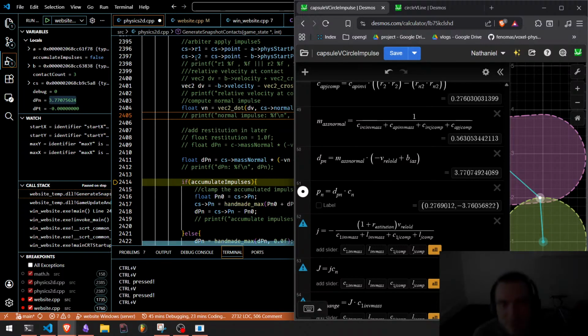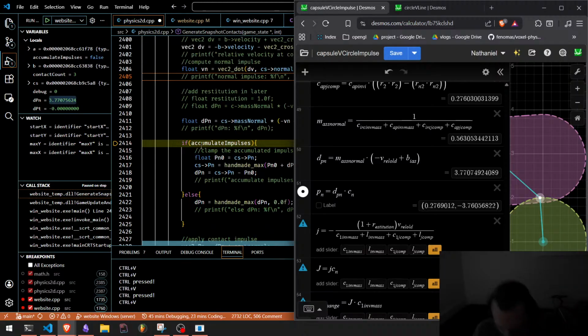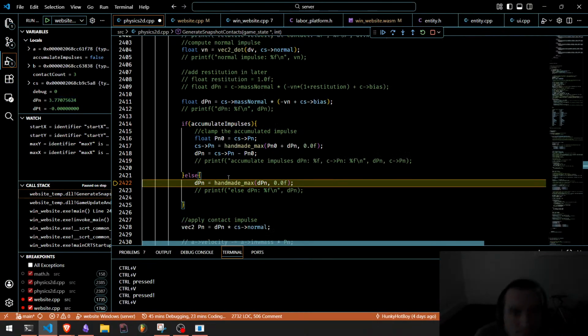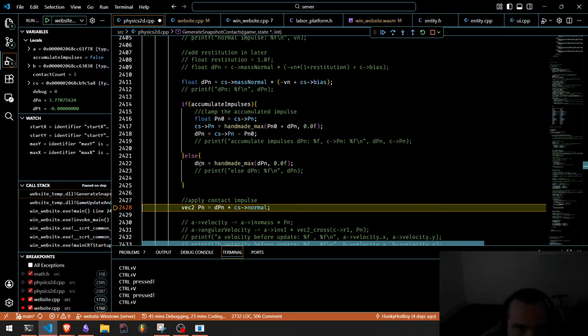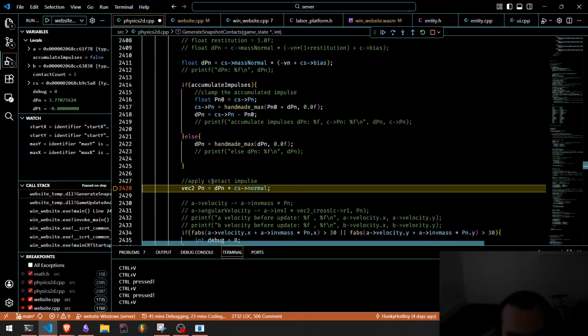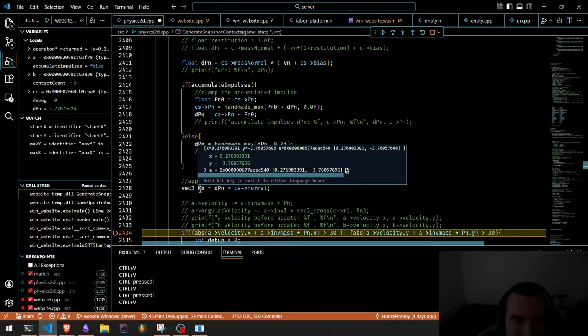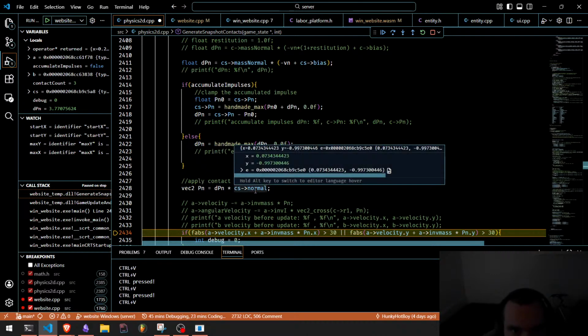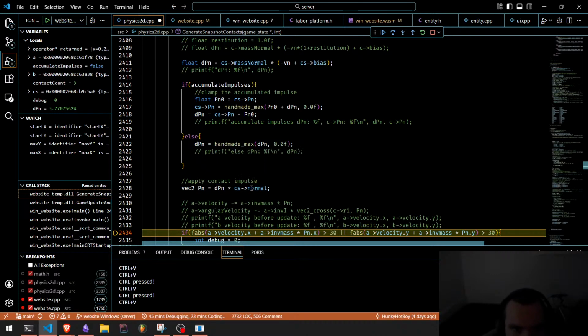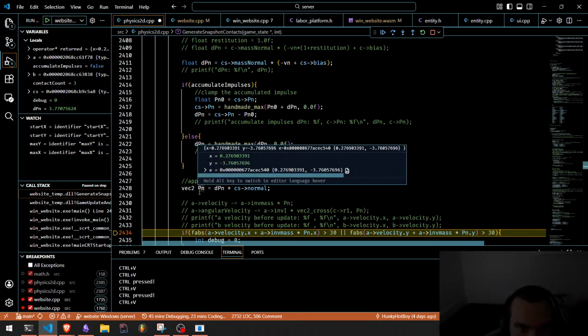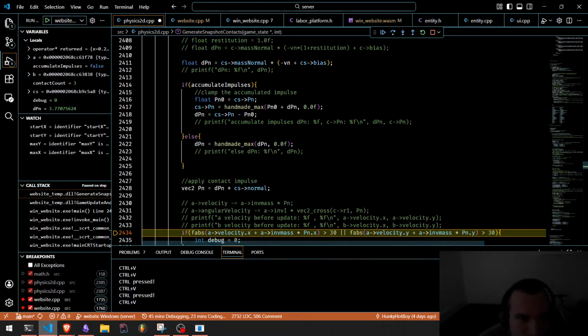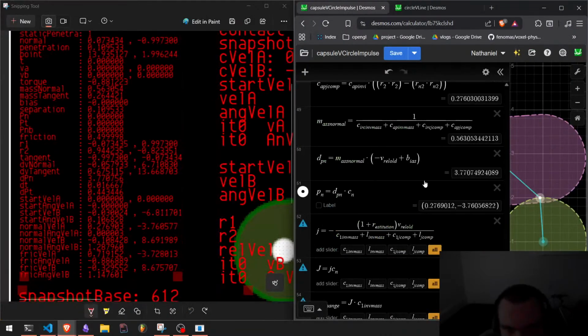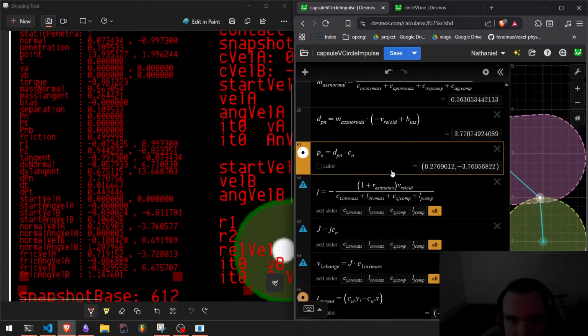Pn is 3.77. Yes. Okay. And Pn with the normal, pushing them out from each other, is x .27, y negative 3.7. Yes.